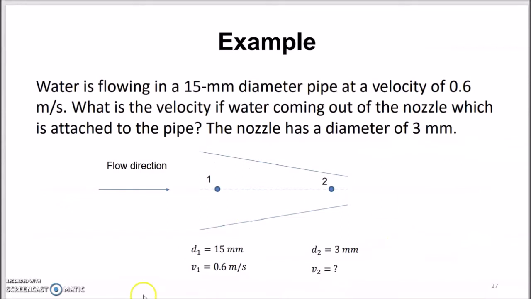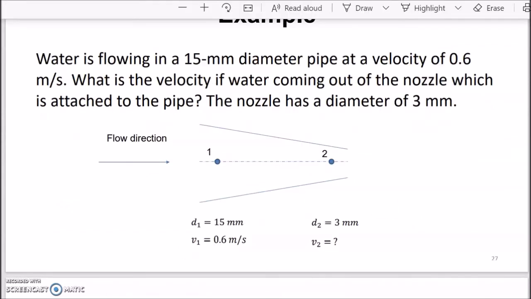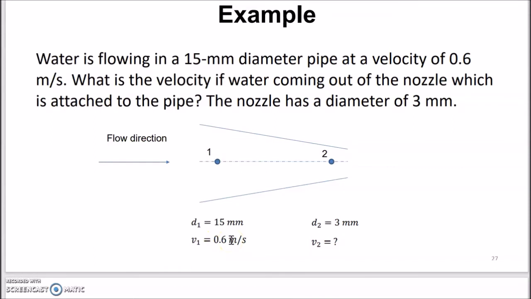So let's look into this example. Water is flowing in a 15 mm diameter pipe at a velocity of 0.6 meter per second. At section 1, we have a diameter of 15 mm and velocity V1 of 0.6 meter per second. Then the water comes out from a nozzle attached to the pipe. The nozzle has a diameter of 3 mm.